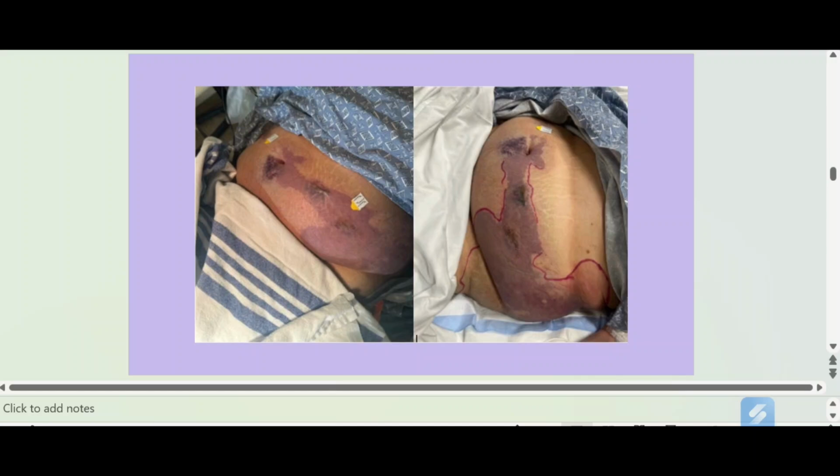And usually trauma is a common precipitating factor for the majority of cases of necrotizing fasciitis. Muscles are usually not involved in necrotizing fasciitis.